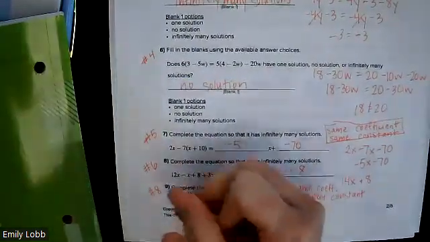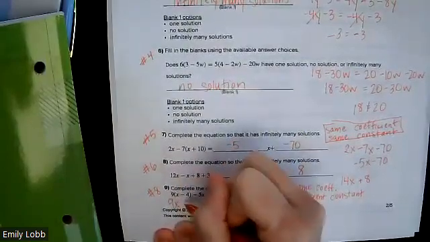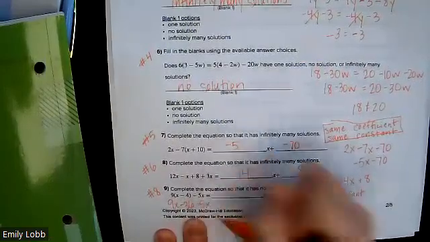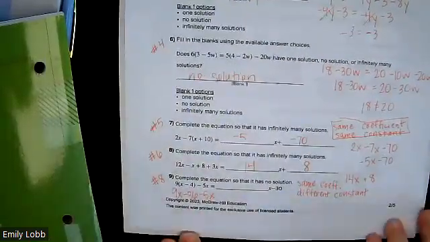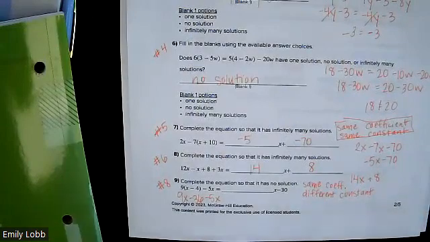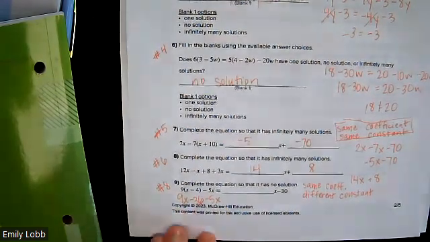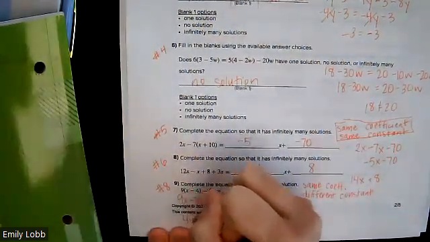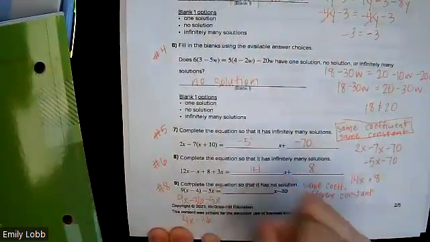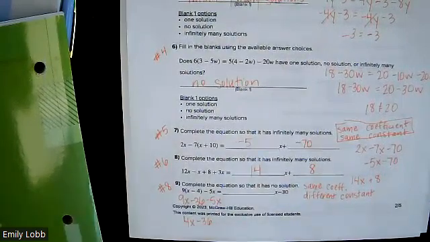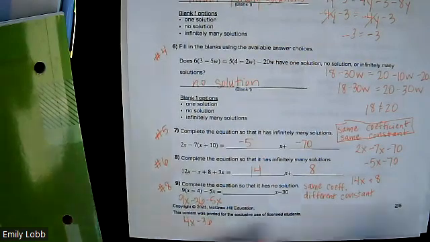So if we distribute 9x minus 36 minus 5x, what can I combine? Yes, that 9 and -5. So what's 9 minus 5? 4. So I have 4x minus 36. So what does my coefficient need to be here to make it the same? 4.